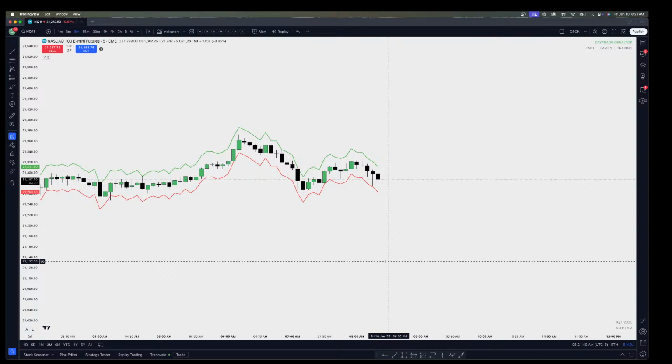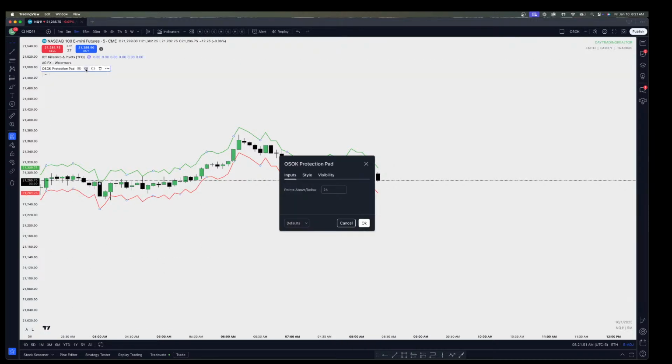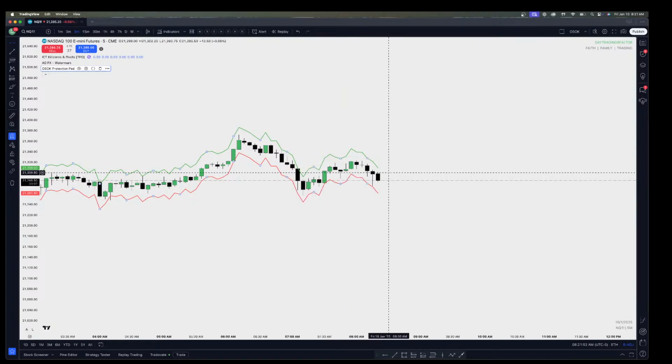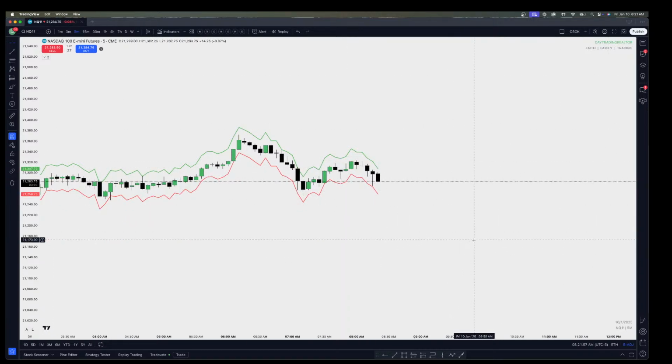So for me, a 250K Apex account has a $15,000 profit target, and allocating 27 contracts, 24 is the best pad. It gives you an 82% passing rate. And that's what the OSOK indicator does for you, it tells us this 24 point pad. So on each side.